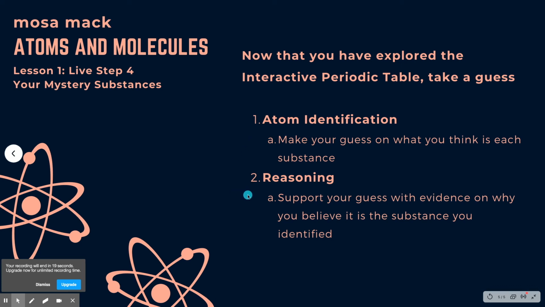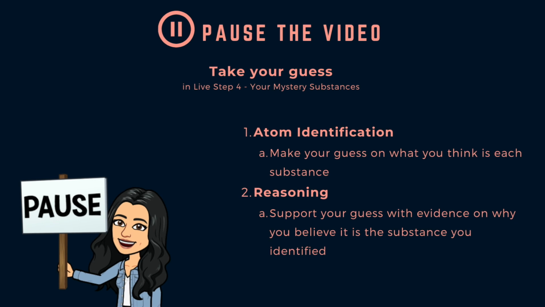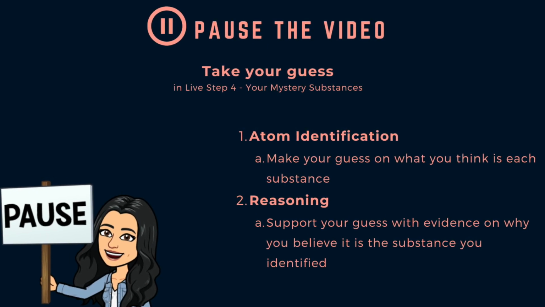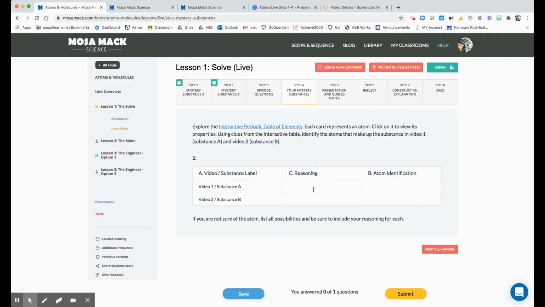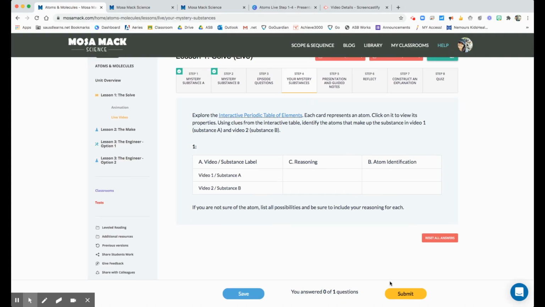Support your guess with evidence on why you believe it is the substance you identified, and you can use any of the information provided in the interactive periodic table. Once you're done with each of those, you are ready to submit, and you finish today's lesson.